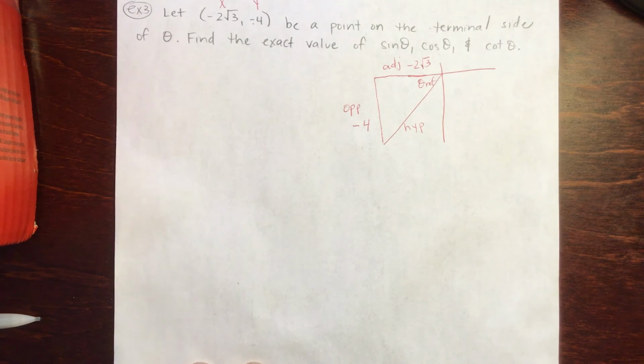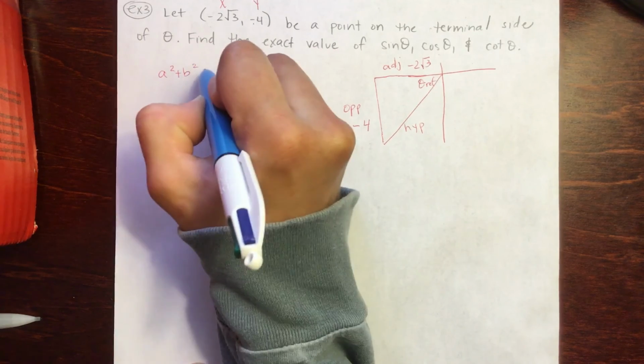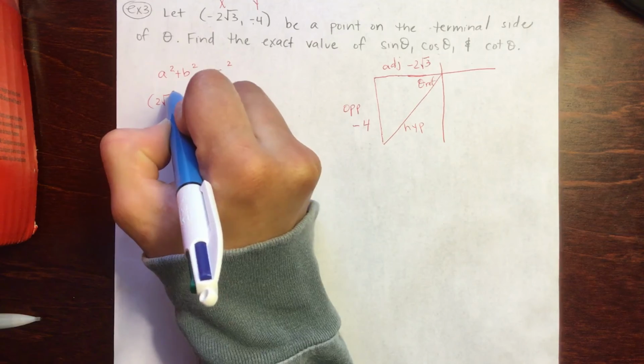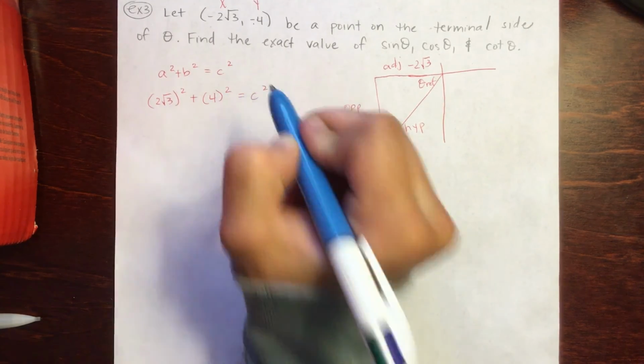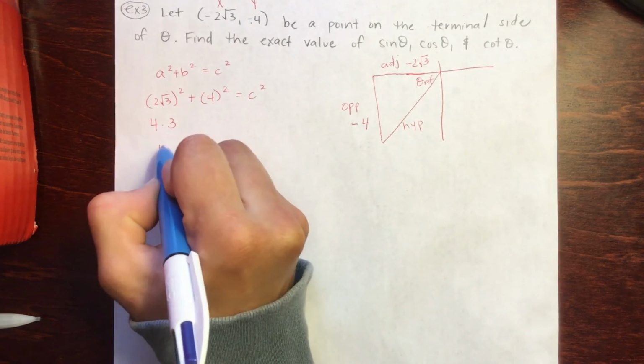Use the Pythagorean theorem to find the third side. I'm going to use all positive values here just so I can avoid careless mistakes. 2 squared times square root 3 squared is 12.